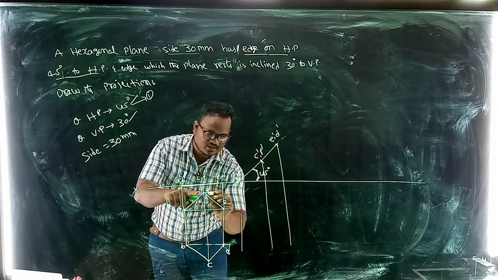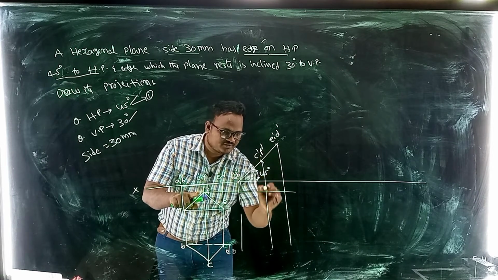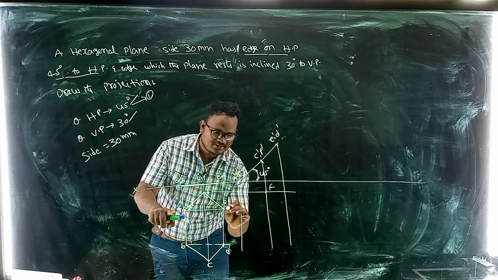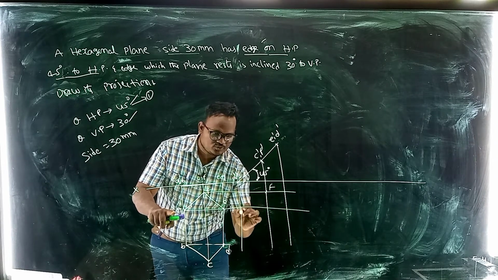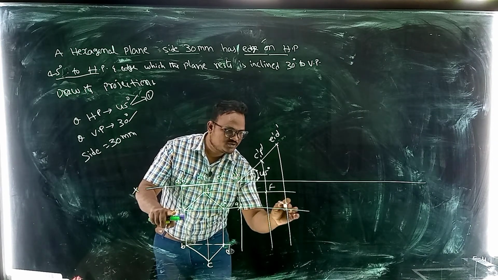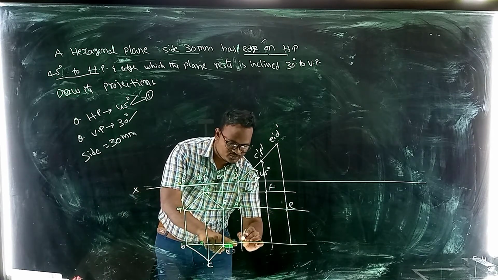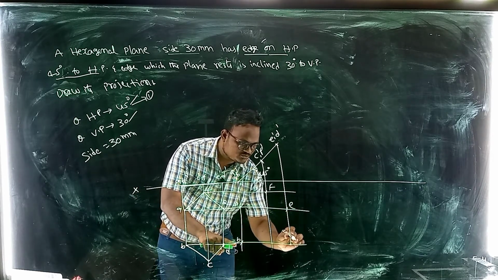So F horizontal, F vertical, this is F. A, E horizontal, A is going to coincide here, E is going to coincide here. B, D, so B is going to coincide here, D is going to coincide here.